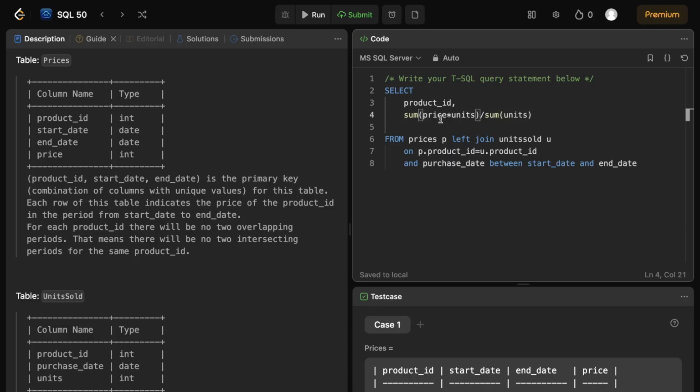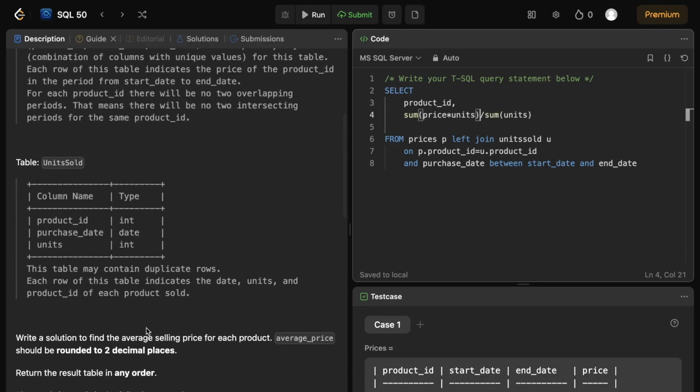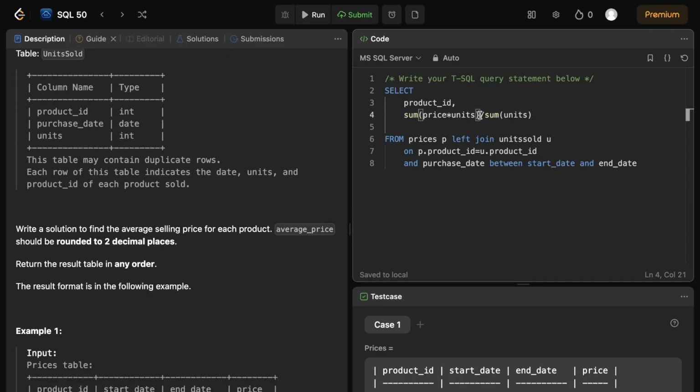Now this will be an integer and this will be an integer. Integer divided by integer would give me an integer, but I need it in decimal, so I will cast my numerator as decimal.